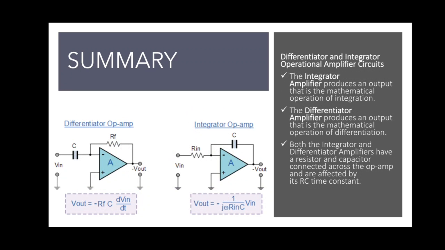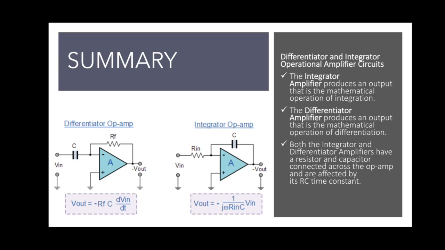And then differentiator and integrator operational amplifier circuits. The integrator amplifier produces an output that is the mathematical operation of integration. The differentiator amplifier produces an output that is the mathematical operation of differentiation. Both the integrator and differentiator amplifiers have a resistor and capacitor connected across the op-amp and are affected by its RC time constant.